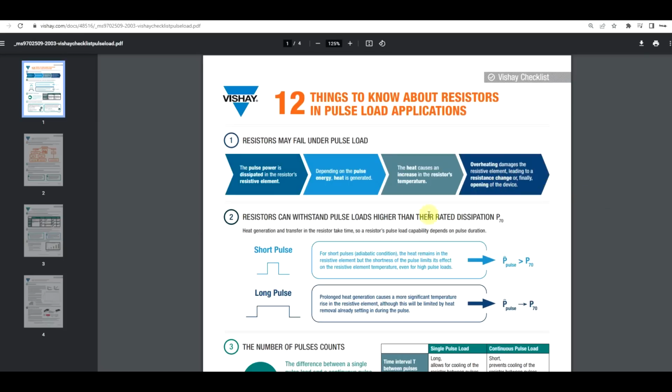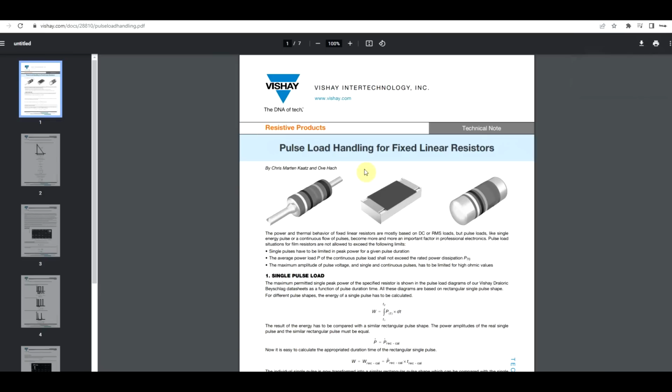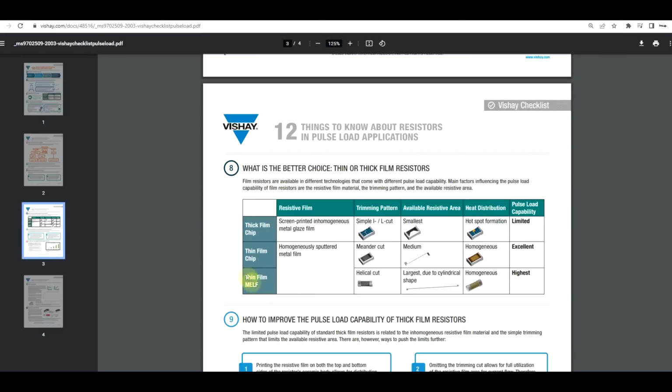Now, I found a couple really interesting application notes from Vishay, a major resistor manufacturer, talking about pulse handling resistors. I'll leave links to both of these documents in the description, of course. But there are a few key elements I want to highlight. So first of all, the pulse handling capability is dependent on the resistor technology.